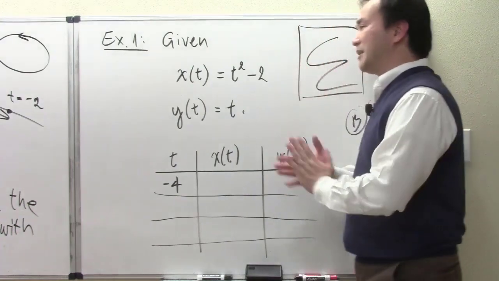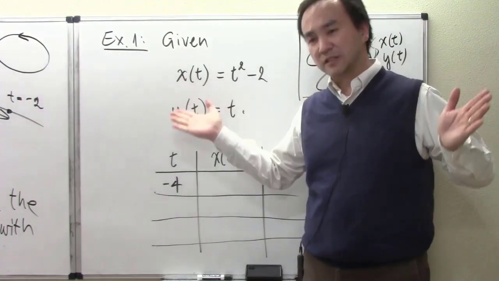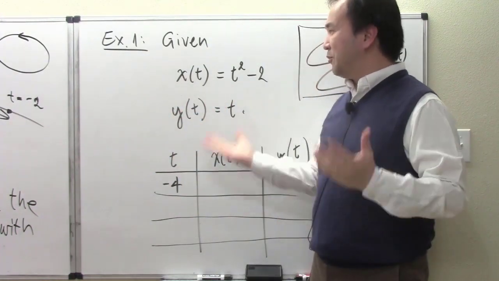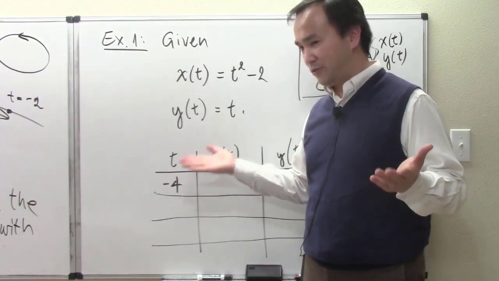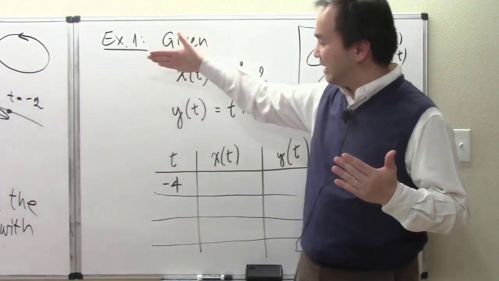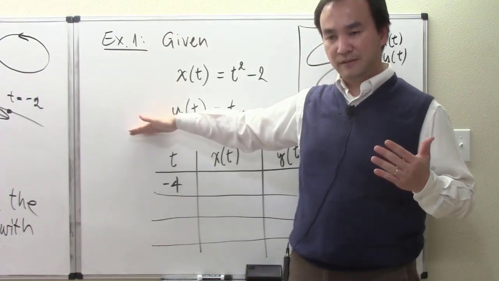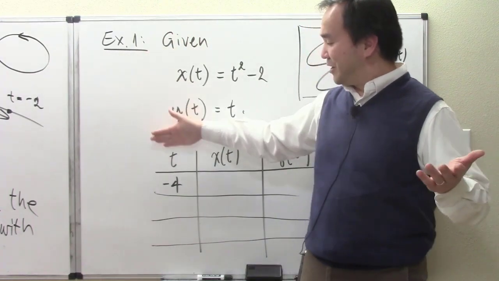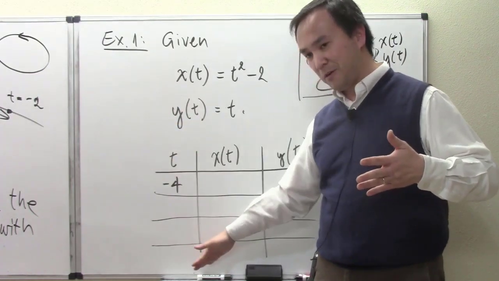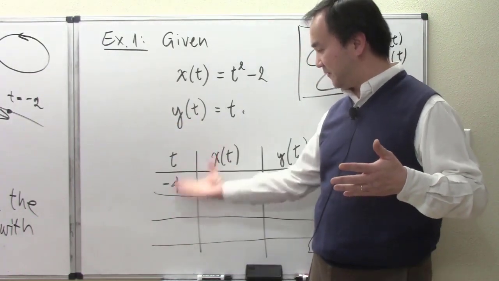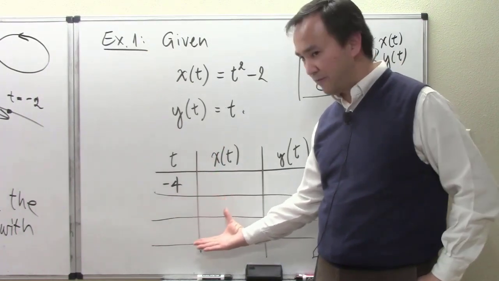So in the end, what is the whole purpose of this example 1 right here? Example 1 is just, and there will be a couple of later examples just like this, I simply give you a pair of parametric equations. You can choose to go completely on paper, but first we start out building a table of values.